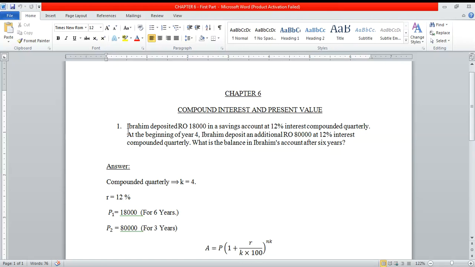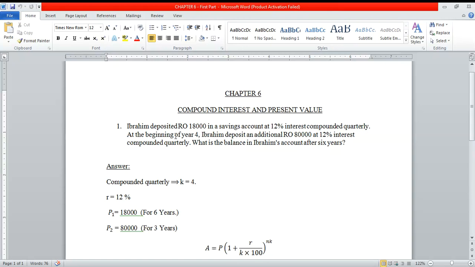The question is, Ibrahim deposited 18,000 Oman Riyal in a savings account at 12 percentage interest compounded quarterly.